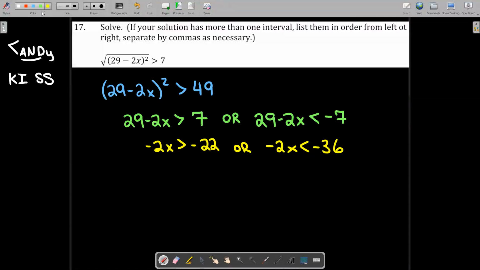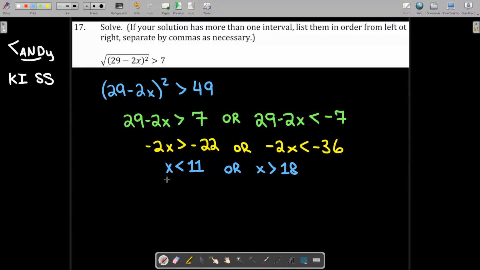And then we're going to divide both sides by negative 2. And here's the thing. When you divide both sides of an inequality by a negative number, that actually flips the sign. So we're going to divide by negative 2. This becomes x is not greater than, but less than positive 11, because the negatives will cancel. Or x is not less than, but greater than, because we're dividing by negative 2, 18.